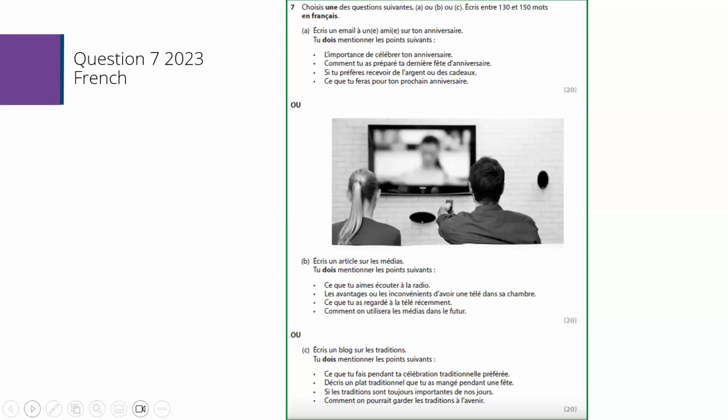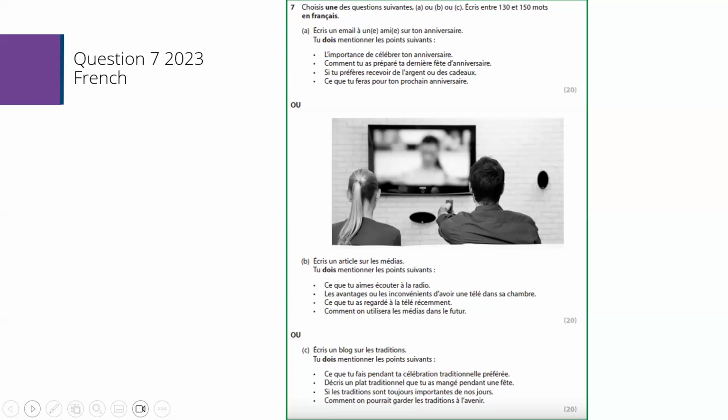And the blog could be semi-formal. So they have that choice to make. And they're also told in each case, you must mention the following points. And notice that tu dois, the must, is in bold. So they must cover all of those 4 points.